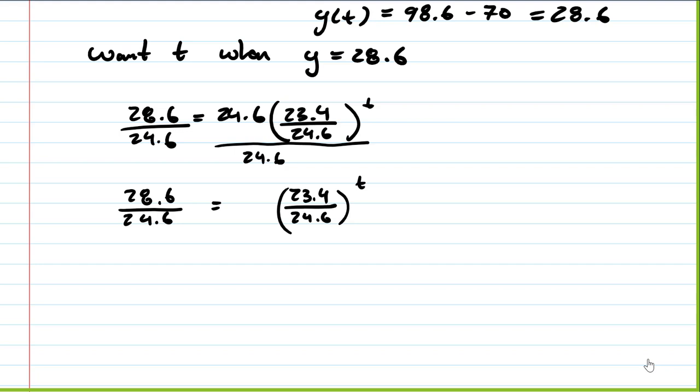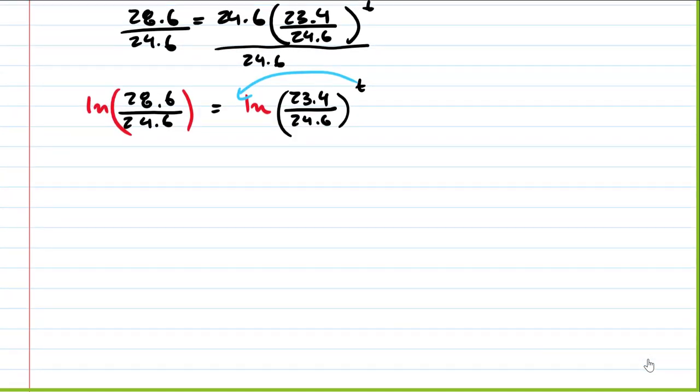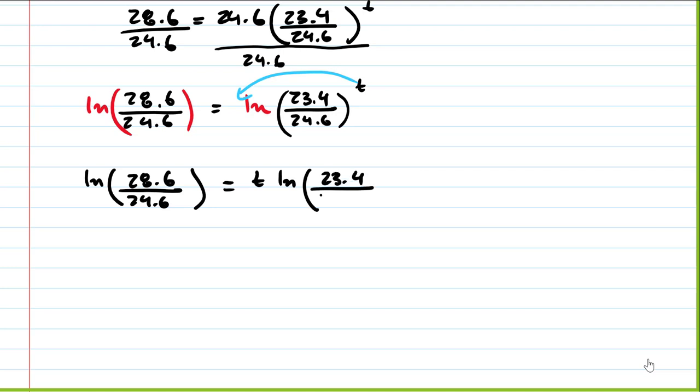And then if we just take the natural logarithm of both sides, we can bring the t down in front of our logarithm and solve for it. So that gives us the natural logarithm of 28.6 over 24.6 equals t times the natural logarithm of 23.4 over 24.6.